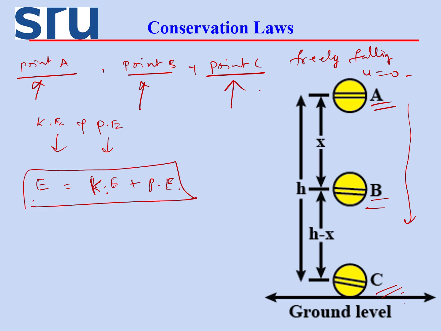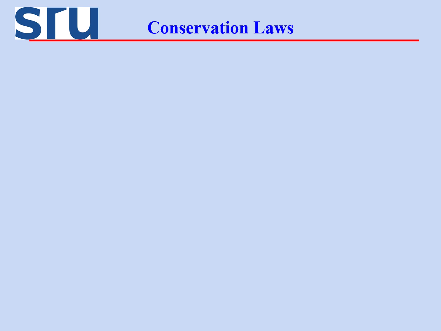So now we calculate at point A. The initial velocity is zero. Now s equals h. So kinetic energy is equal to half m v square, so this is zero.